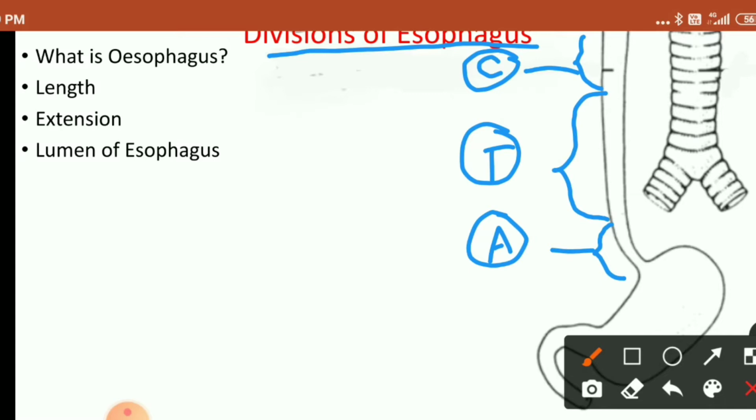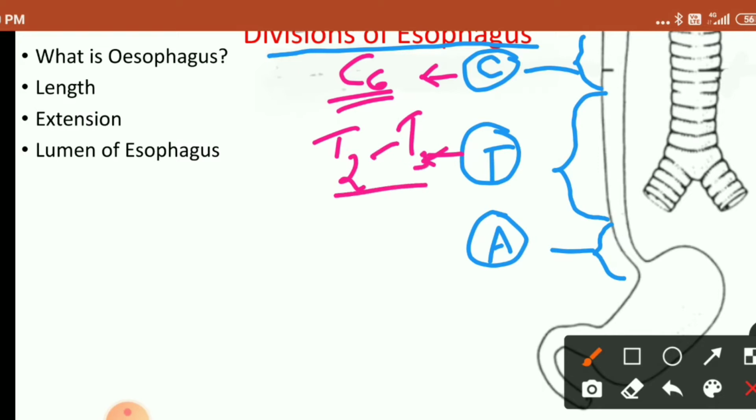Now you understand that the esophagus starts from the lower part of the laryngopharynx or at the level of the cricoid cartilage, which is also at the level of the 6th cervical vertebra. From the 6th cervical vertebra, it extends downwards and enters the thorax through the thoracic inlet at the level of T2 to T3 vertebra. And remember, this is at the level of the suprasternal notch.